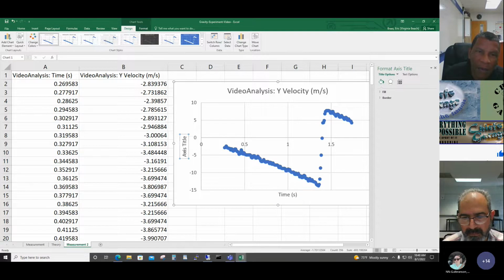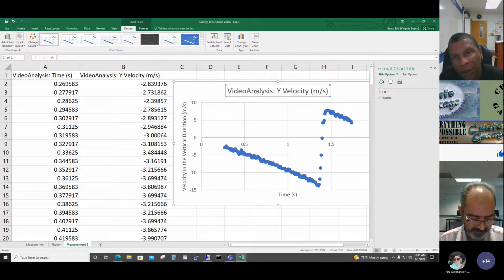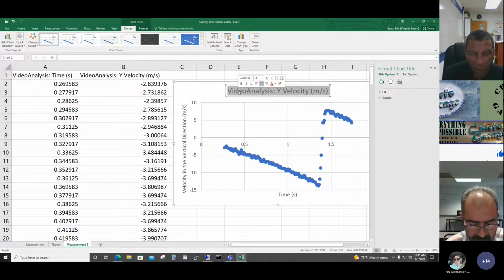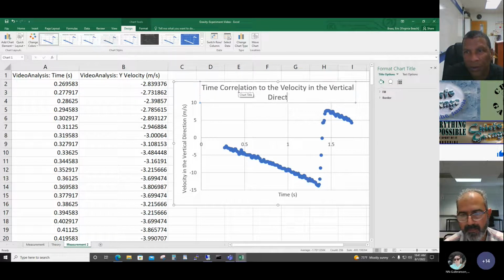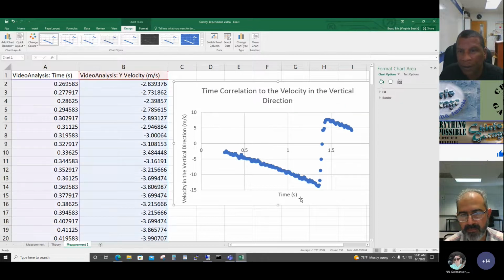And then we have our vertical axis here, and that is the velocity in the vertical direction, right? And this is going to be in meters per second. And yep, the vertical direction, that'll be fine. Now I'm just going to change this to say our time correlation to the velocity in the vertical, and I'll leave that like that.